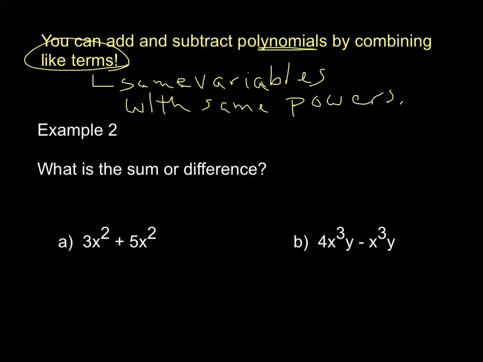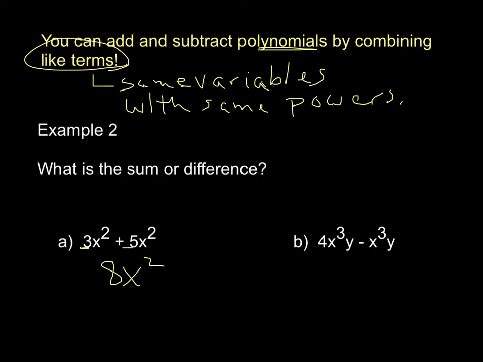So in this example, what is the sum or the difference? If I've got 3x squared and 5x squared, then they are like terms because they both have x squareds, so I simply add the coefficients. And I have a total of 8x squareds. Okay? So when we're combining these like terms, remember you're simply adding the coefficients and keeping the variable piece the same.